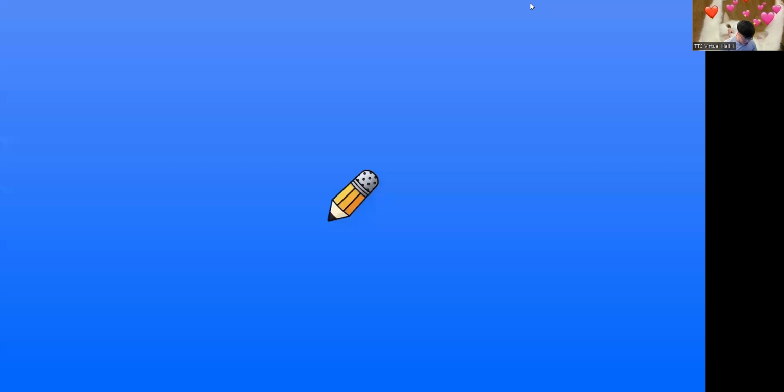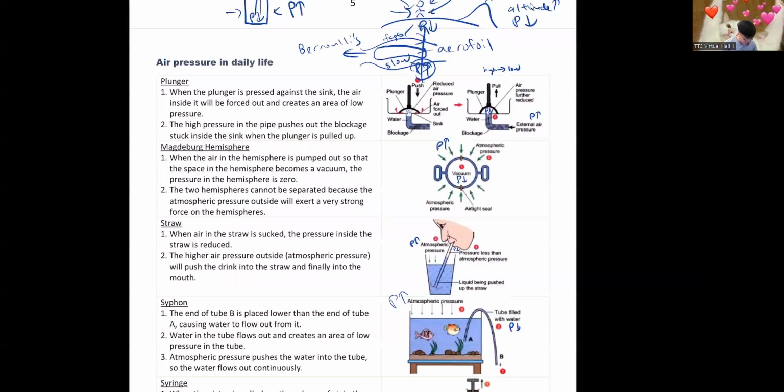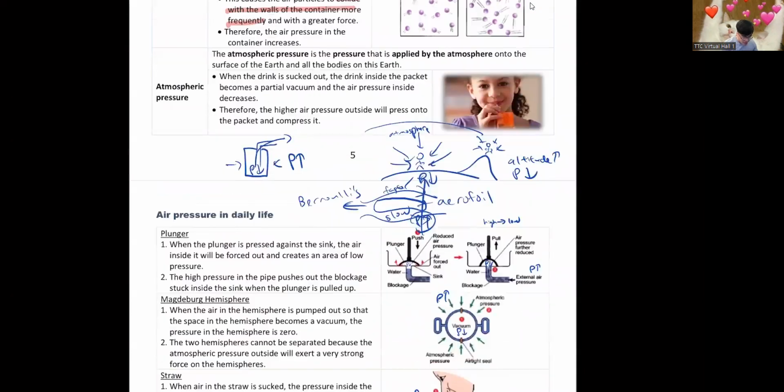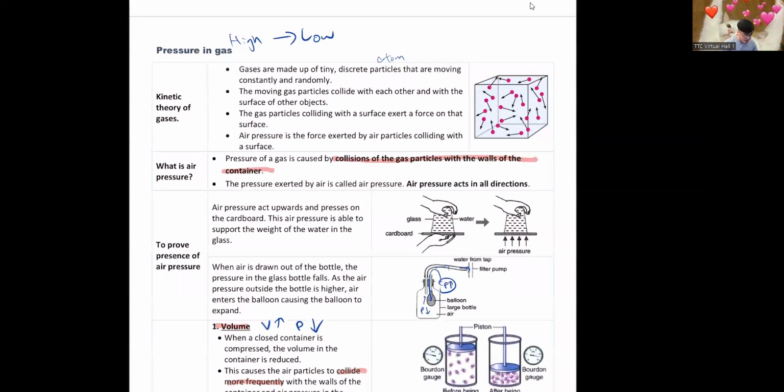All right, so last week we finished our chapter 9, the middle part here, which is air pressure, if you still remember this. Like I said, pressure always goes from high to low. Pressure is generated when air particles collide with the wall of the container.